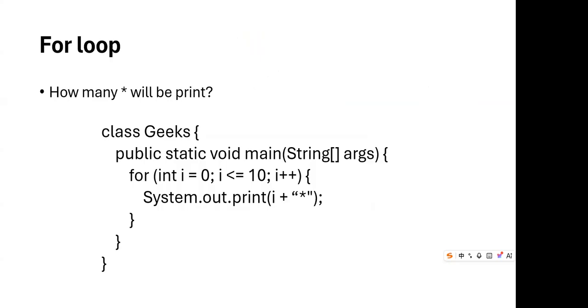We can think from I is equal to 0 until I reaches 10. That is not 10 stars. That is supposed to be 11 stars because we are starting from I equal to 0. 0 plus 1 to 10, that is 11. So the answer is supposed to be 11.